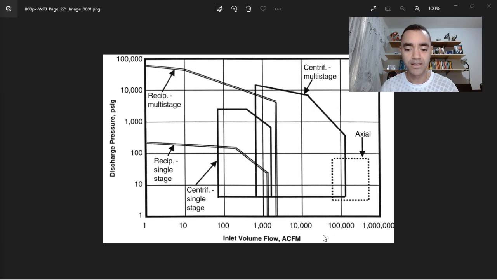So this chart is in actual cubic feet per minute and also PSIG. The first thing to observe is that when we are dealing with the design of a compressor, most often we identify the flow based on a set of pressure and temperature, like standard flow, like normal flow.